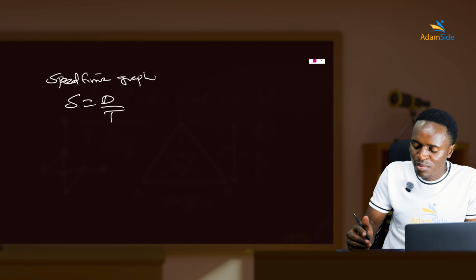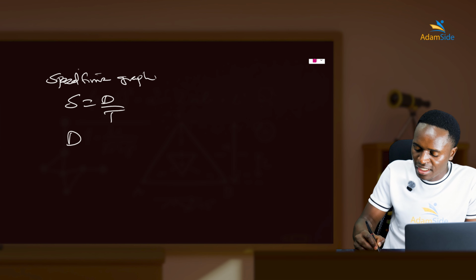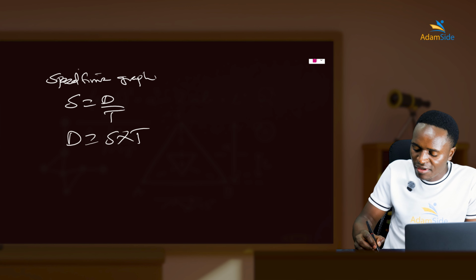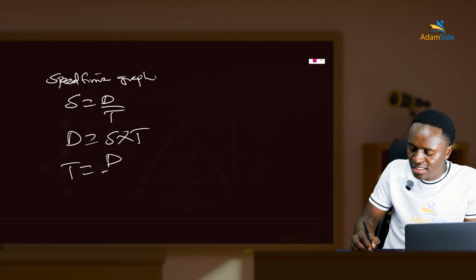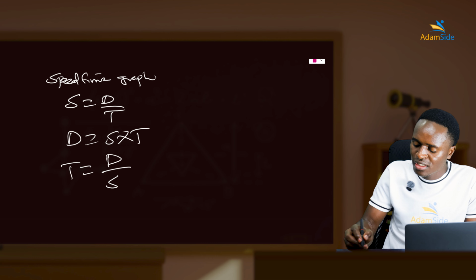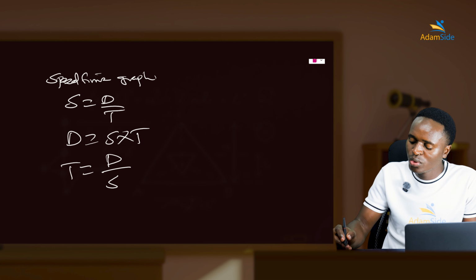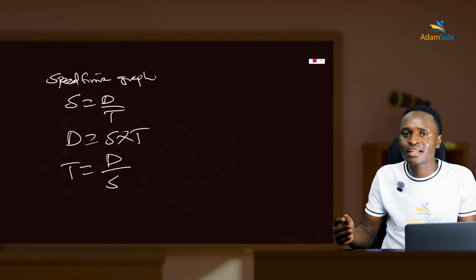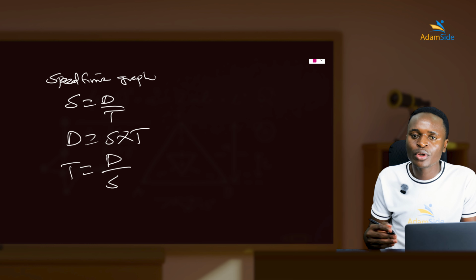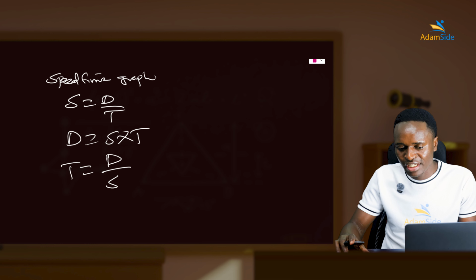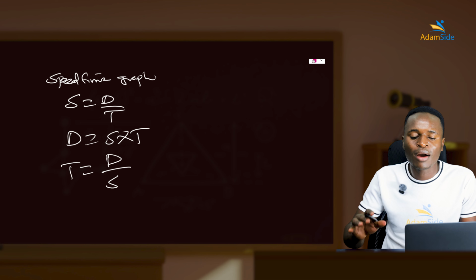We are still using the same quantities: distance is speed times time, and time is distance divided by speed. So what we are going to look at is how their graphs look and how we apply the knowledge to interpret our graph.